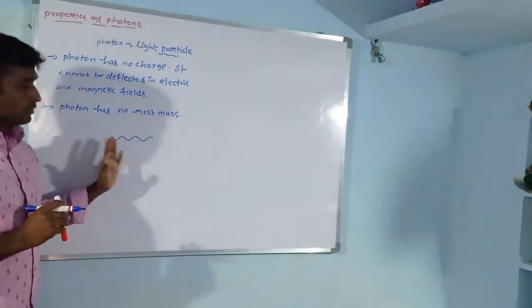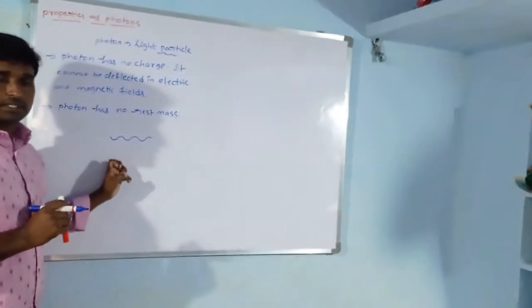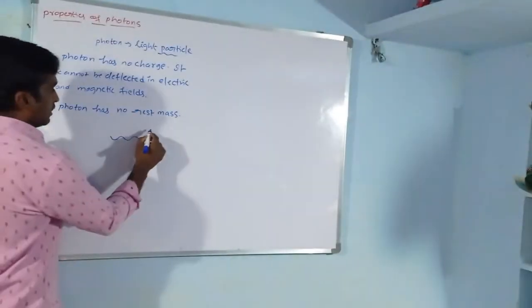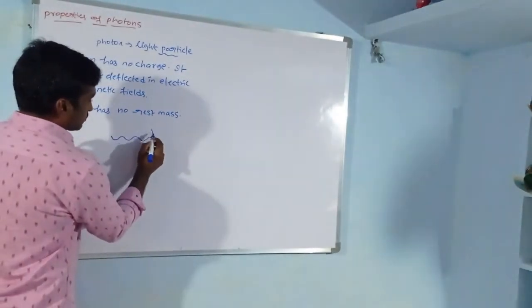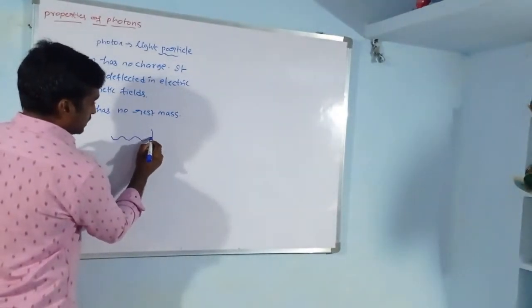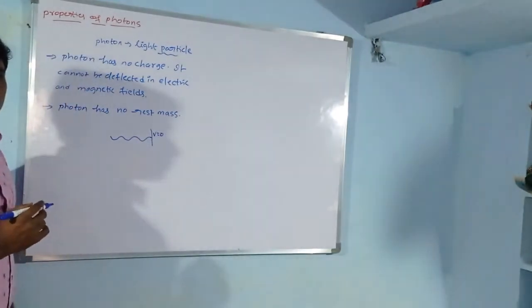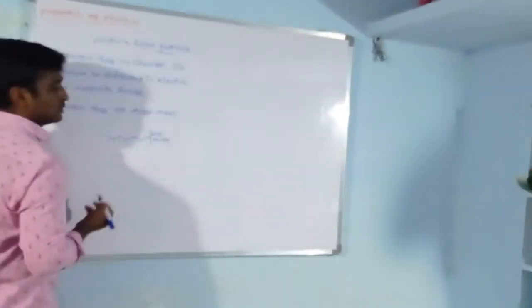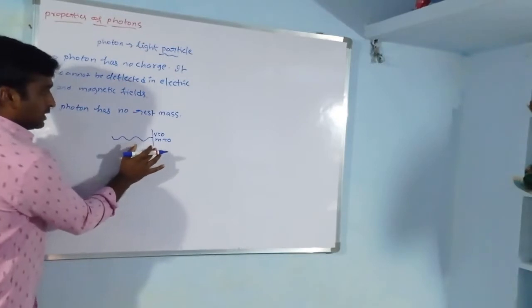When it is in motion, the photon has certain velocity and certain mass. When the photon hits any material, it comes to rest. At that time the velocity of the photon is 0, so due to velocity 0, mass is also 0. That's why this photon has no rest mass.